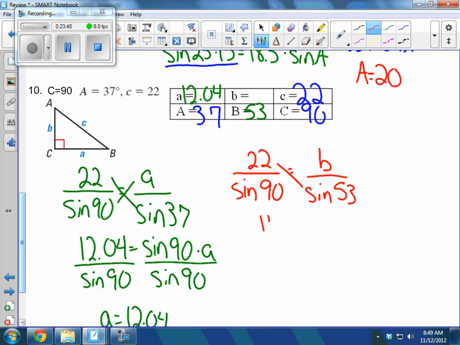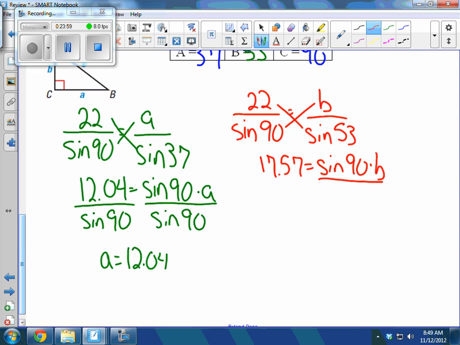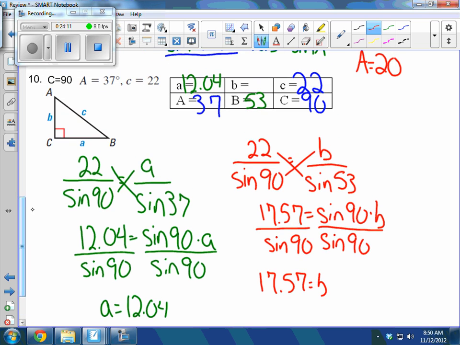I get about 17.57 rounded, and that means sine of 90 times b is the same amount. So to get b by itself, divide by sine of 90, which again, sine of 90 is really just worth 1. So when I divide, I get right what I started with, 17.57. That's little b. But for this one, I'm going to just put 17.6 into my answers.